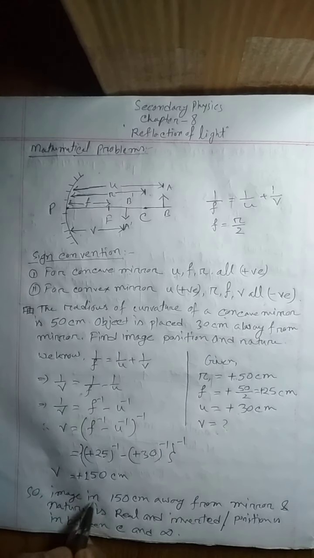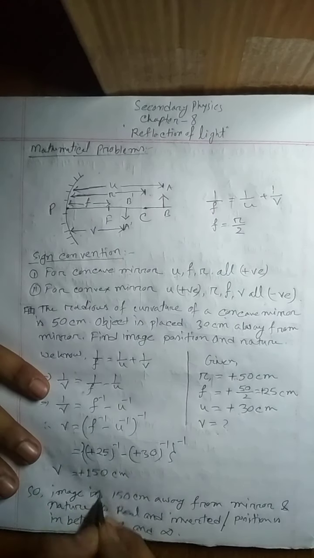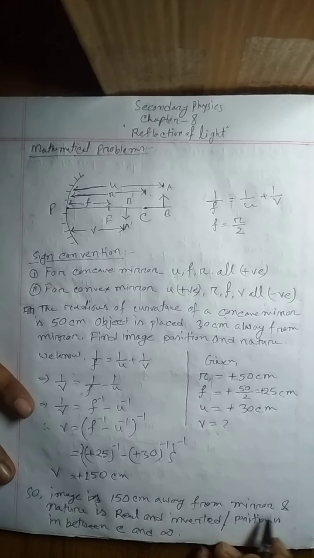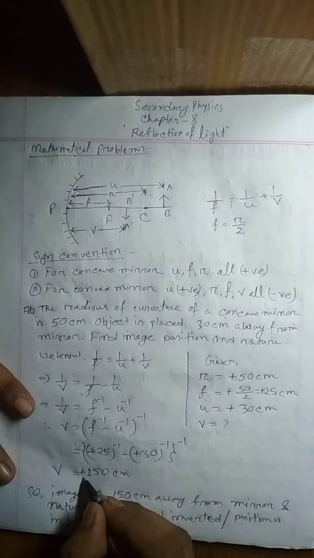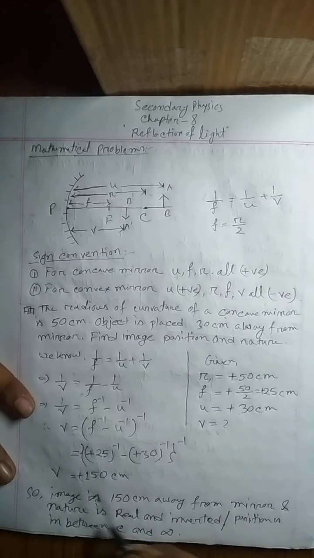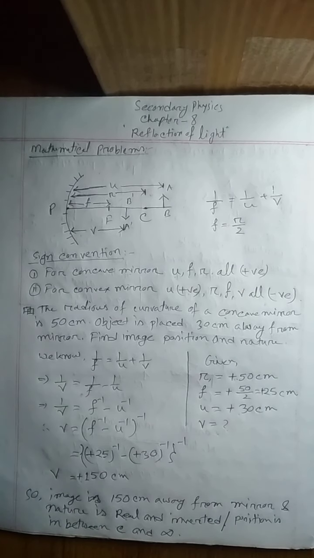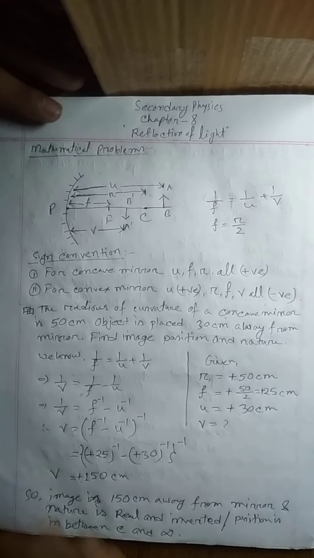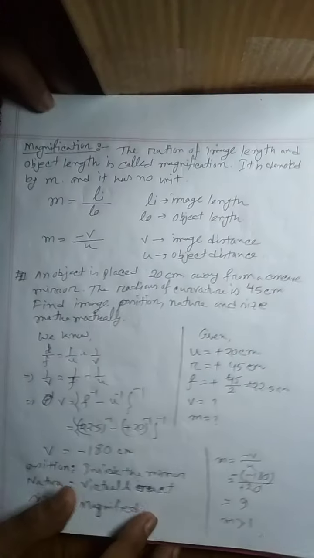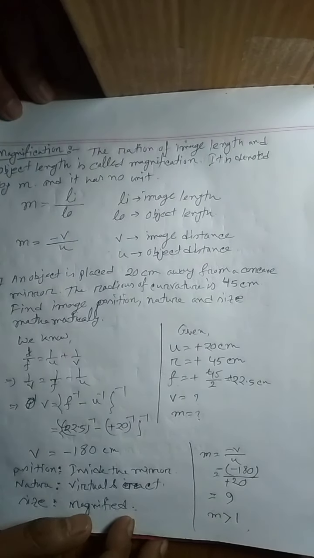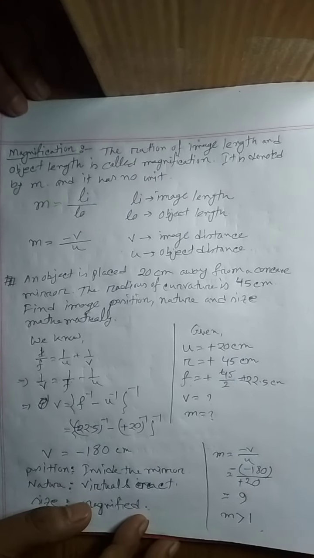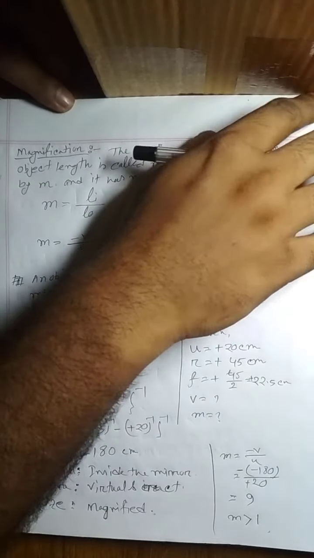So we get the image is 150 centimeter away from the mirror, this is plus, so that means nature is real, inverted. The position is in between C and infinity, because C is 50, outside of 50 is infinity. So it is this. Then we came to our next important issue, that is our magnification.